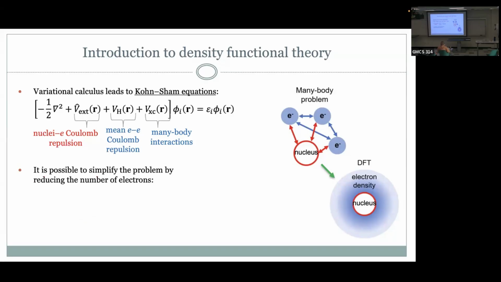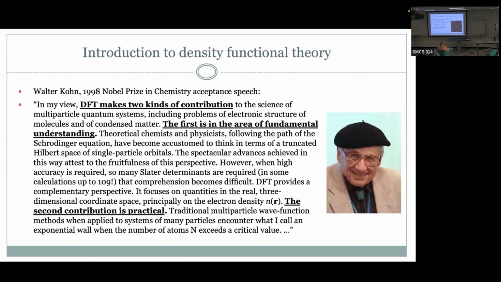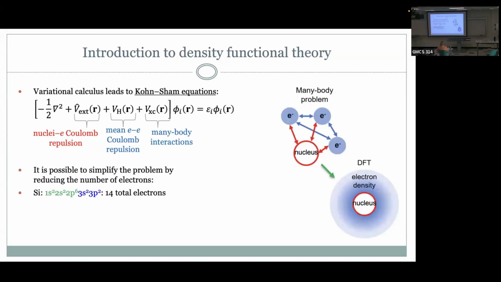So we can further simplify the problem by reducing the number of electrons. If you have taken physics or chemistry or are familiar with valence electrons, we can use this concept, right?